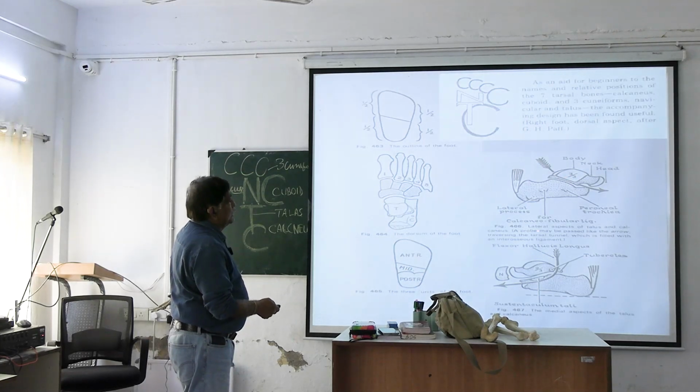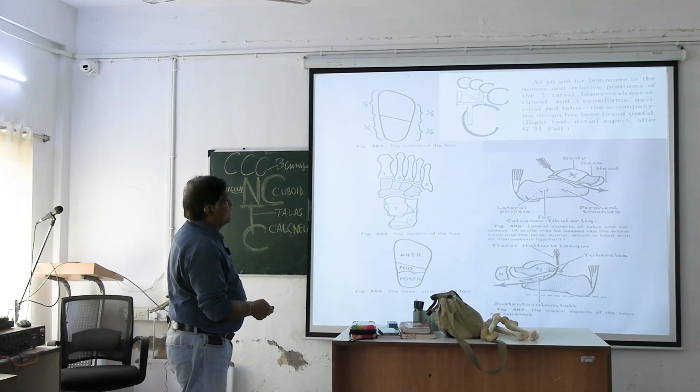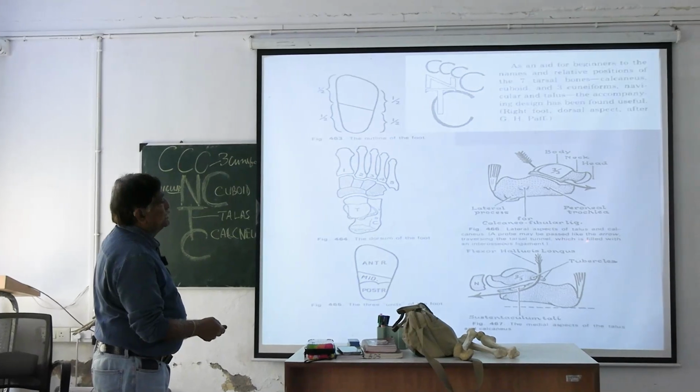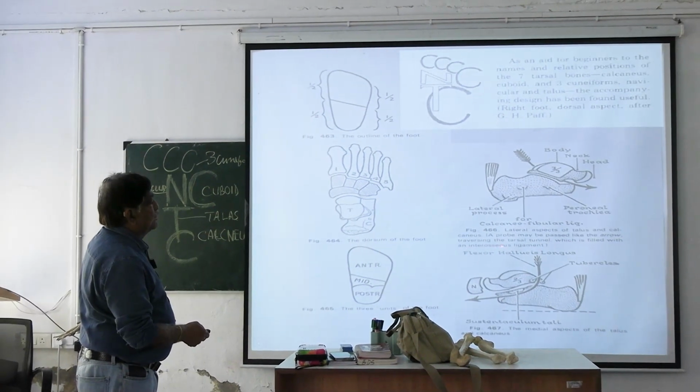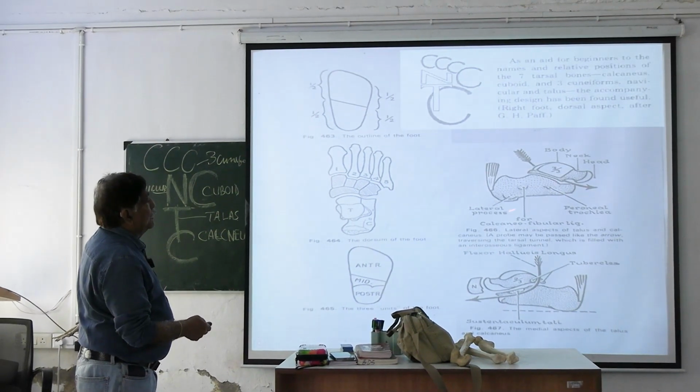Now, at the lateral aspect of the talus and the calcaneus, a probe may be passed through, traversing the tarsal tunnel, which is filled with an interosseous ligament. This is the lateral process, this is the calcaneofibular ligament, the peroneal trochlea, and this is the channel you can pass through.